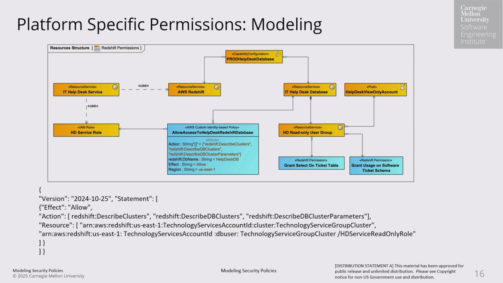So if we look at the model at the top, right, that large blue box, you could see that structure that we have, the data structure that we have defined in that policy, custom identity-based policy. It matches the script that actually your DevSecOps team will put together to implement specific policy. All the elements are there.